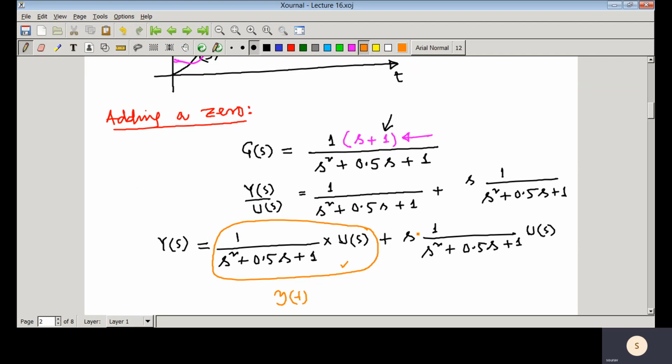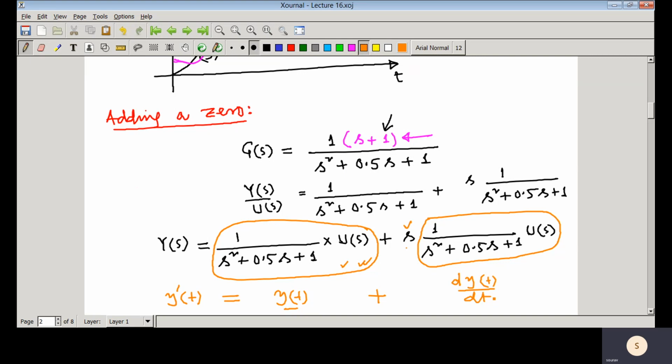But here you can see s into Y(s). If we take the inverse Laplace transform of that term, as s is there, that would give dy(t) by dt. So the new response, y dash t, would be equal to y(t) plus dy(t) by dt.